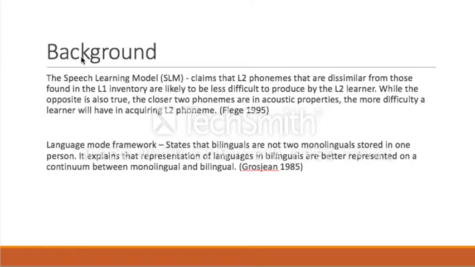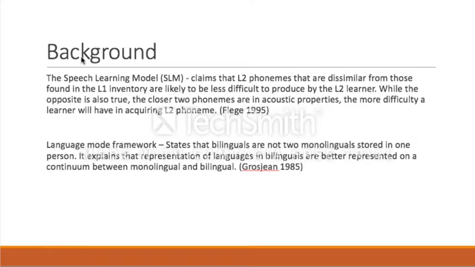Basically what this says is that if a sound in one language is acoustically similar to a sound in the learner's L1 inventory, then they're going to have a hard time noticing the difference and therefore will assimilate it into the sounds of their L1, noting that there's no need to make a change or a distinction here. So the opposite is also true.